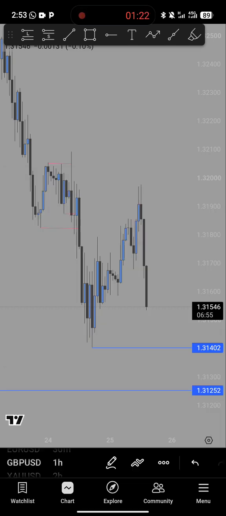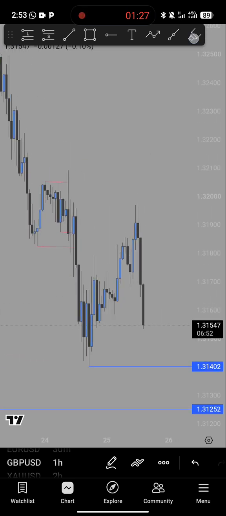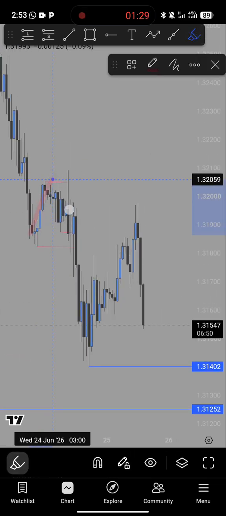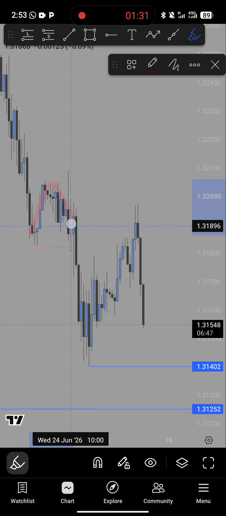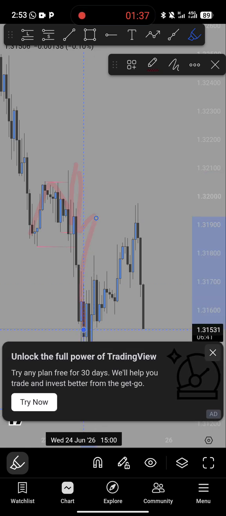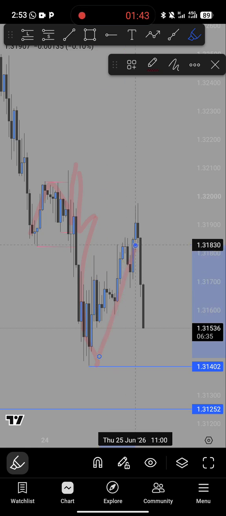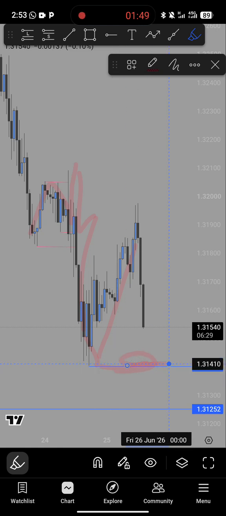So you can see the market came, gave us a pullback, and took liquidity, gave us a pullback, gave us a pullback, then it went down, gave us a massive one. So it went down that side and gave us a quick V, as you can see. So here is where our high is, where our TP is supposed to be.